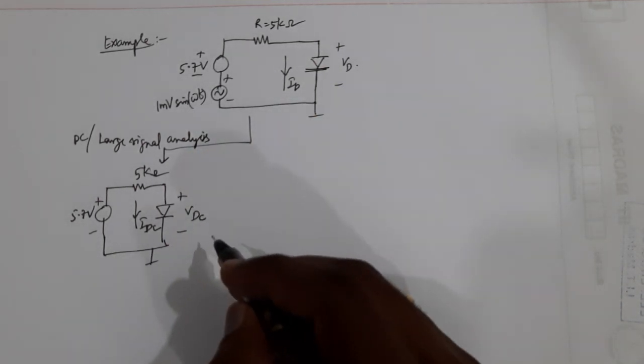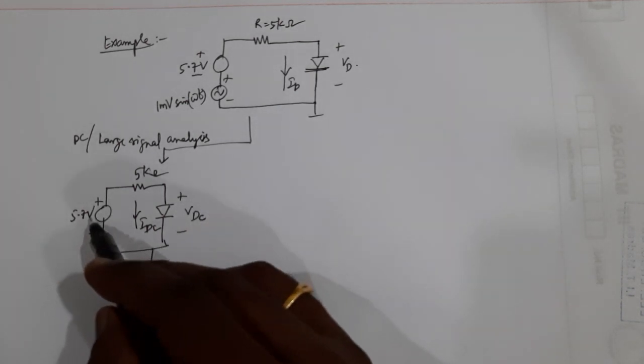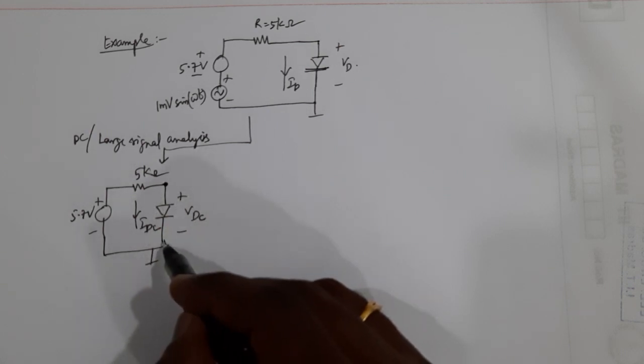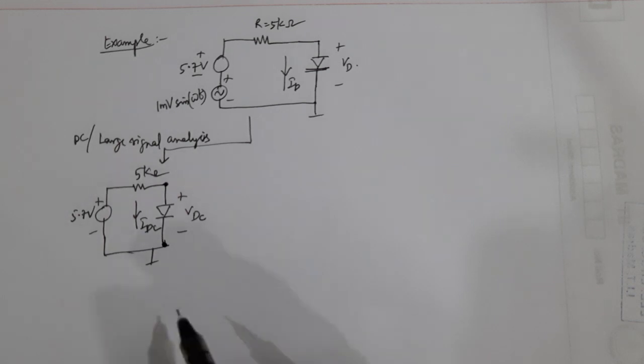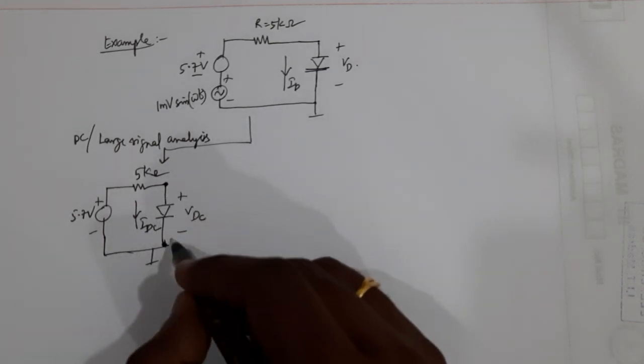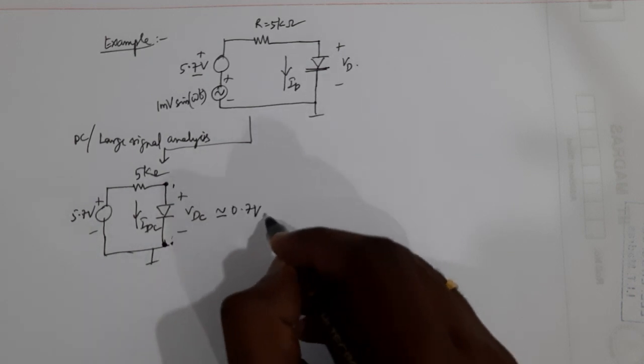So what do we have? Of course it's straightforward, because it's 5.7 volt and some will be dropped here and the rest will appear here, and this voltage is connected to the ground. So of course this diode is in forward bias. When the diode is in forward bias, you can assume the voltage dropped across the diode to be approximately equal to 0.7 volt.